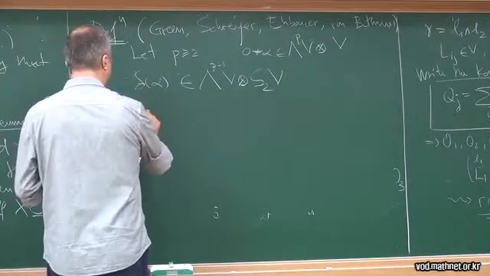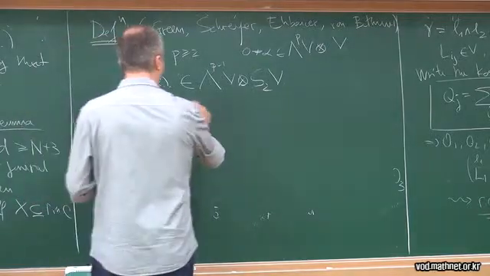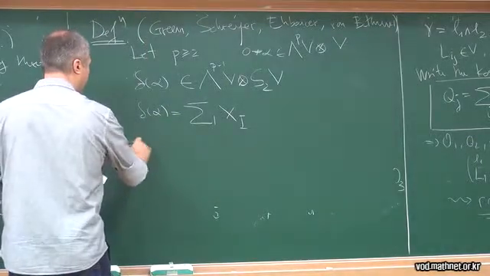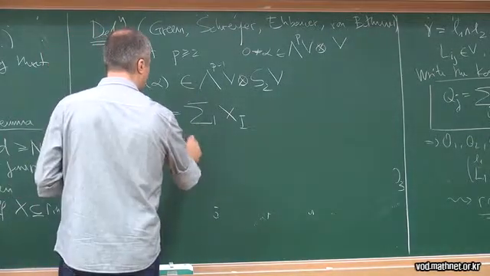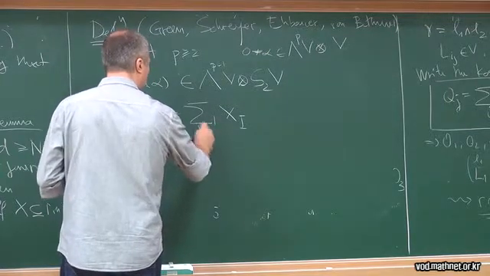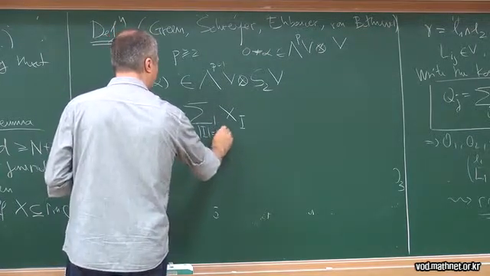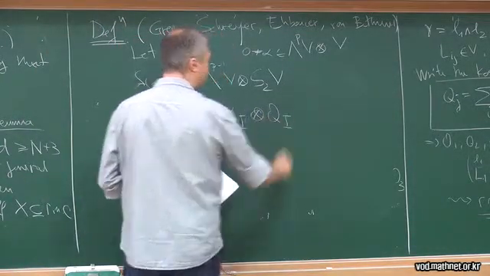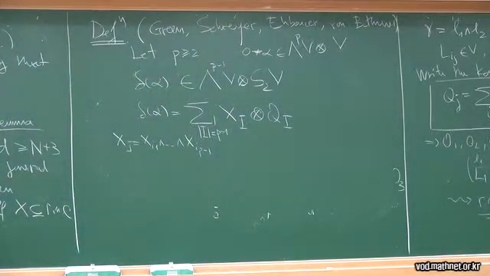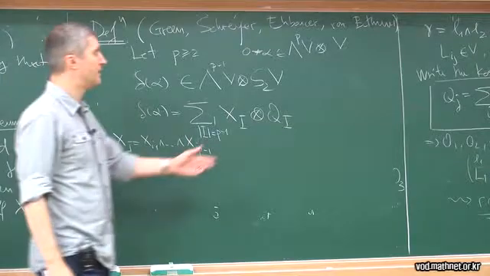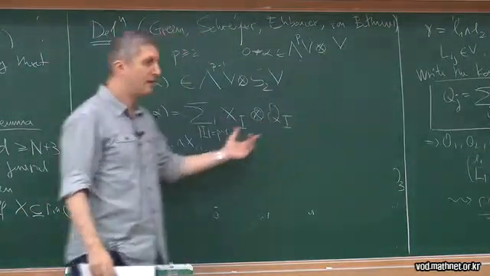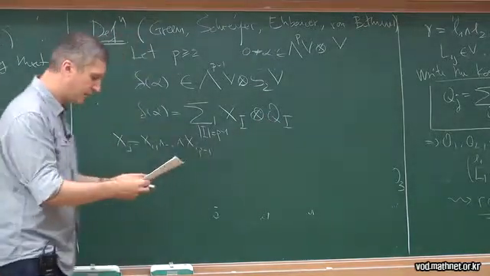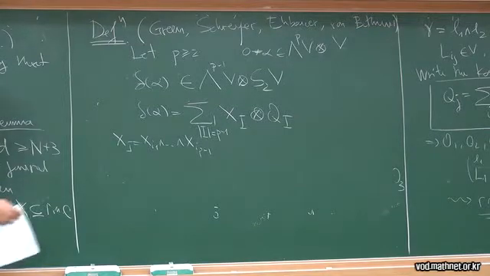Let's write this delta of alpha as a sum over all the multi-indices I of xi_I, where xi_I is xi_1 wedge ... wedge xi_(p minus 1), tensor some quadrics Qi. So if we start with such an element, then just by applying the Koszul differential, we get a bunch of quadrics. The scheme defined by these quadrics is called the syzygy scheme.